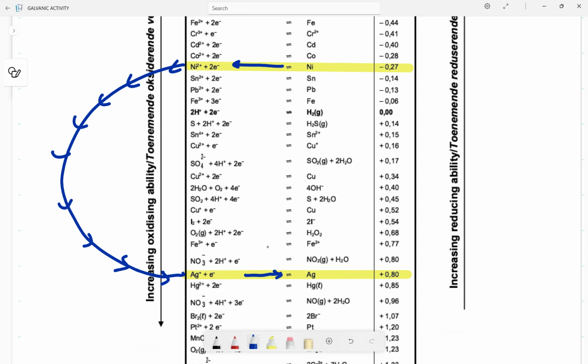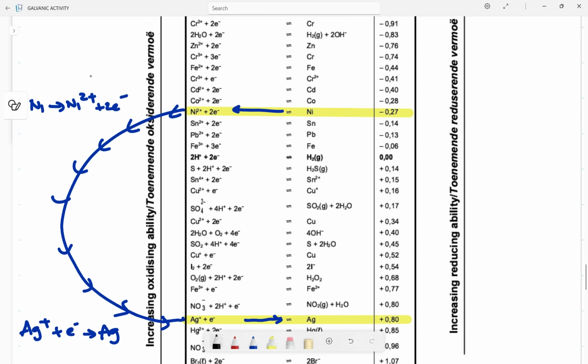You're going to write it like that, so this one is nickel forming Ni2+ plus 2 electrons, and this one just goes in that direction: Ag+ plus electron forming Ag. Can you see this one undergoes oxidation?